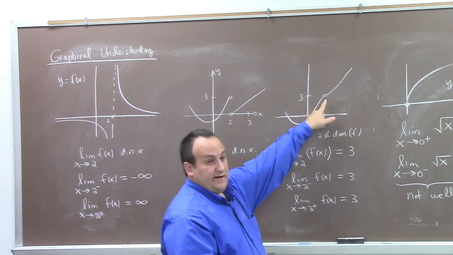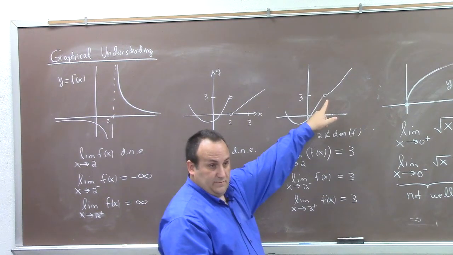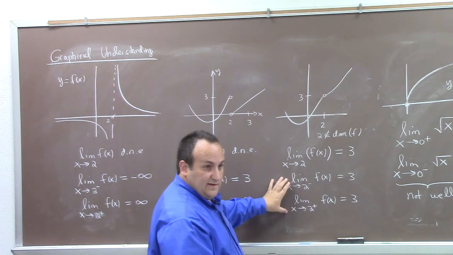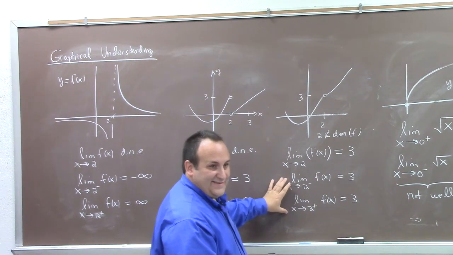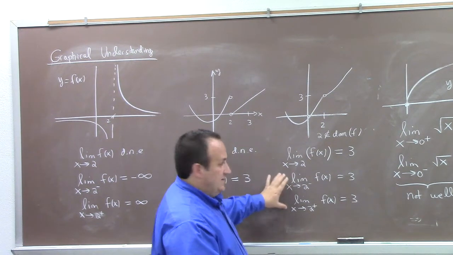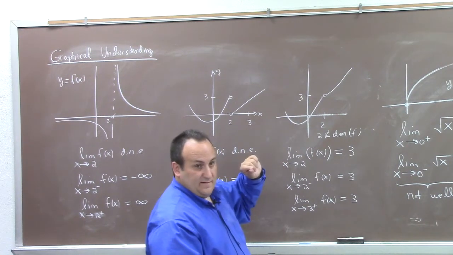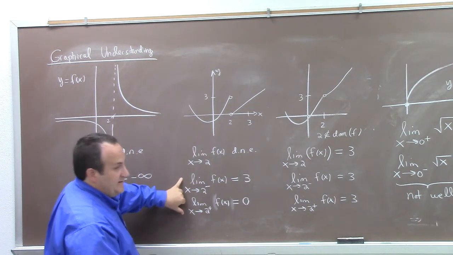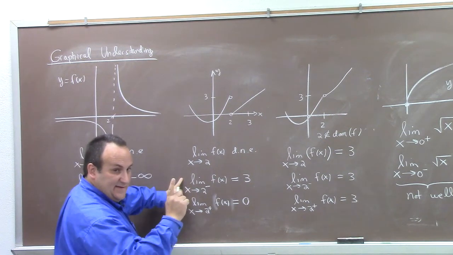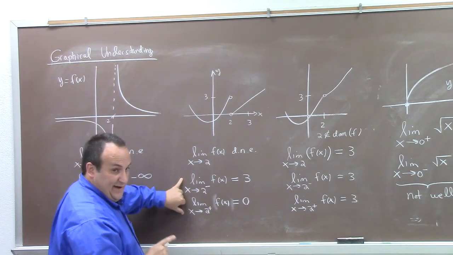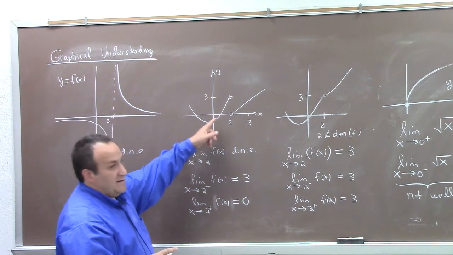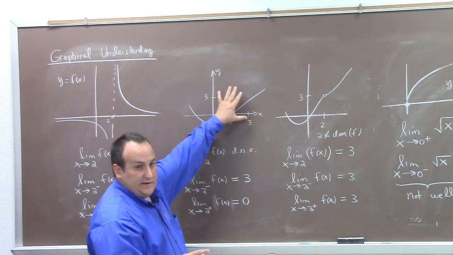This is a hole in the graph. So a hole in the graph is a point where the right and the left limits both exist and match. When they match, it's a hole in the graph. If the right and the left limits both exist, but they do not match, what's that? That's what we call a finite jump discontinuity.